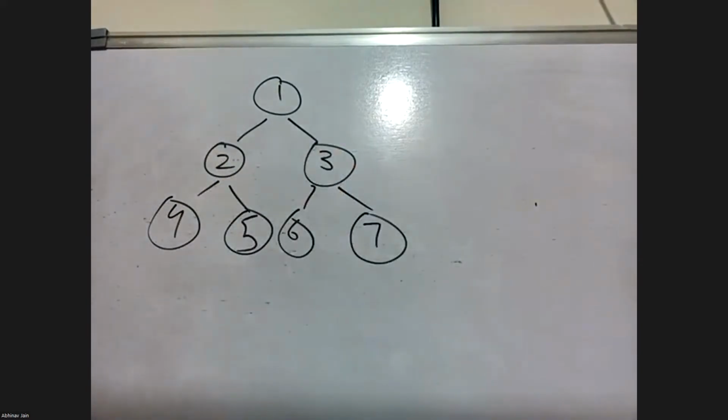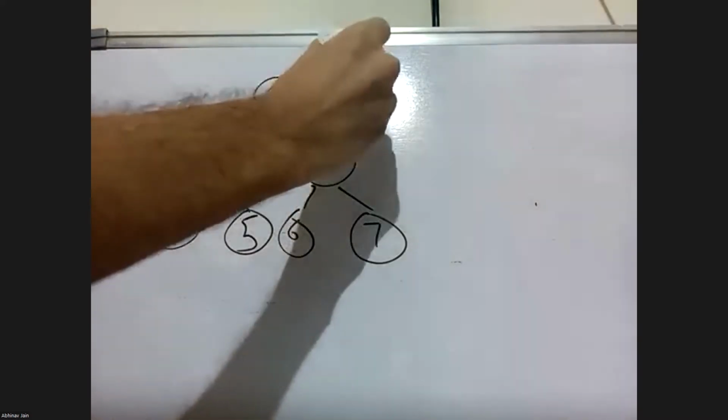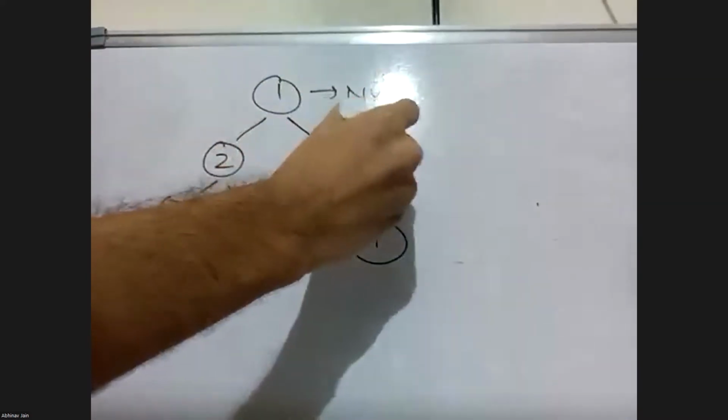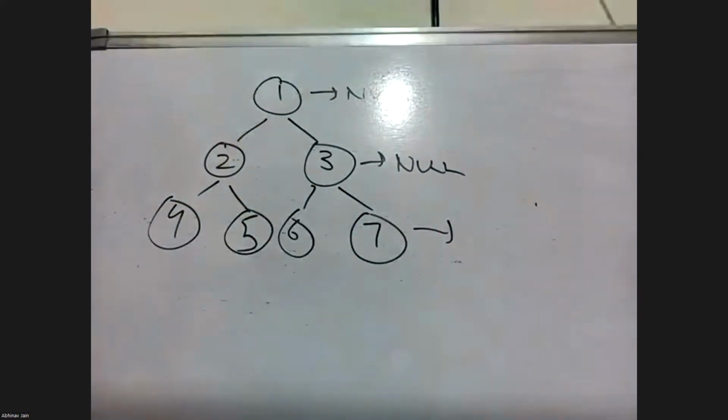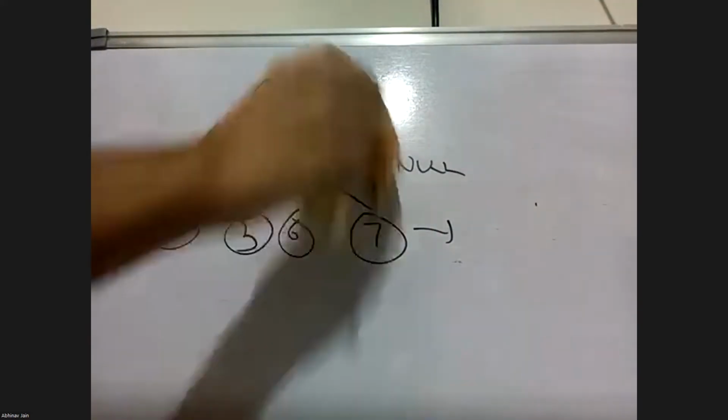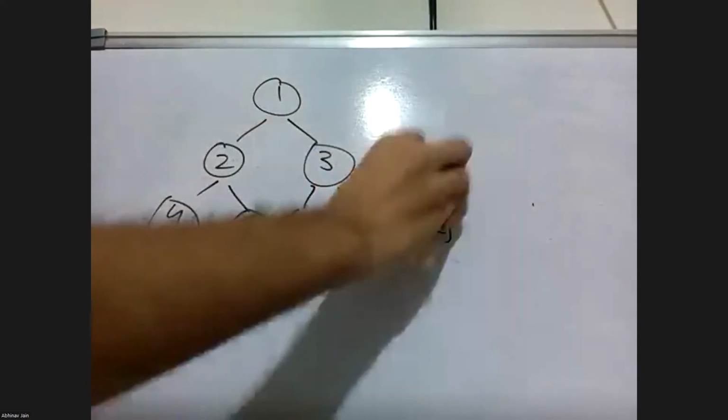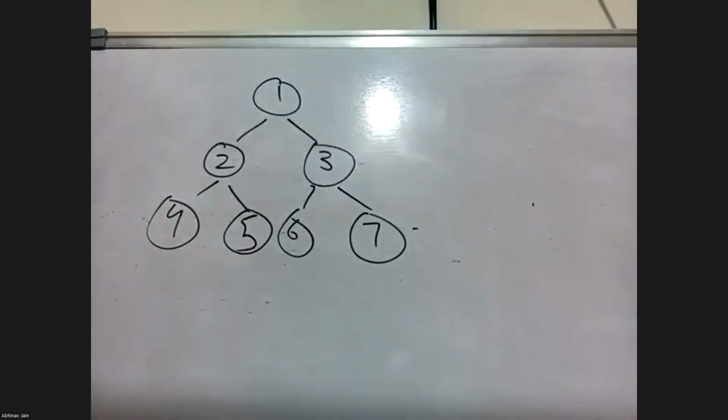Let's see what the initial situation is, because initially we have been given the constraint that everything is set to null. So the next pointer of this is set to null, and so on. But let us first understand what is the next pointer, what is a right pointer, and what is a left pointer, because that will give away the question.